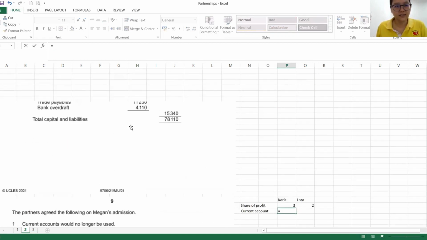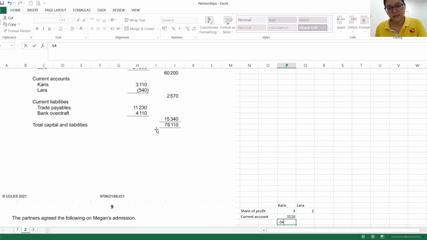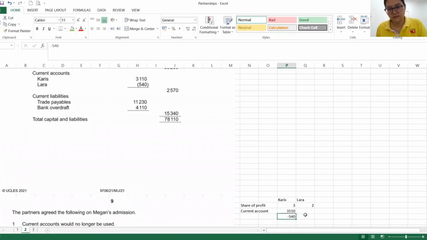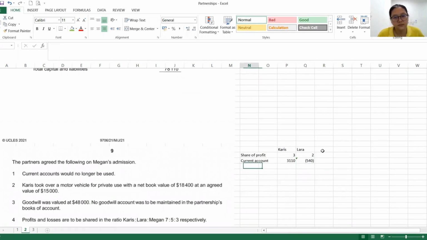The current account for Caris is 3,110, and here is 5,0 in brackets. Next, Caris took over this motor vehicle at 15,000.